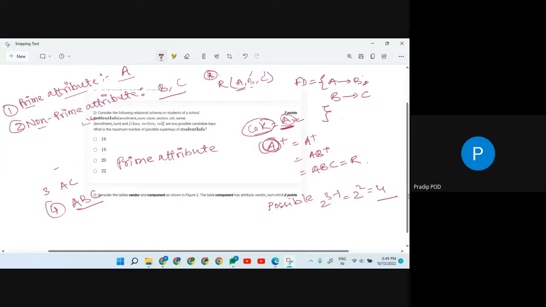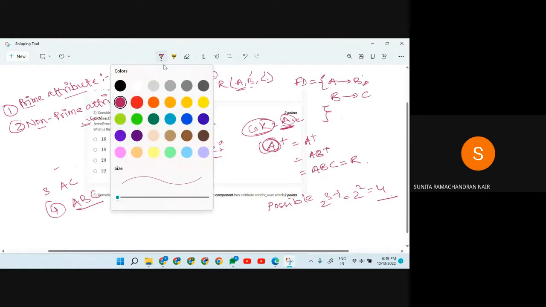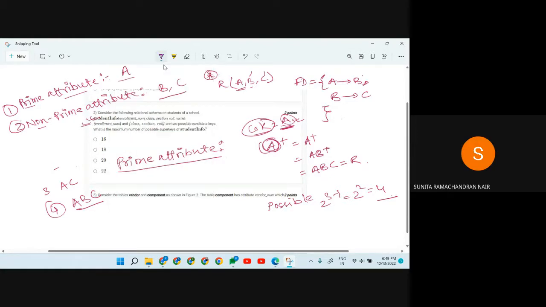In this example, the candidate keys are given. These are your two candidate keys: one is enrollment number, and the other is class, section, and roll number. So these are your prime attributes.